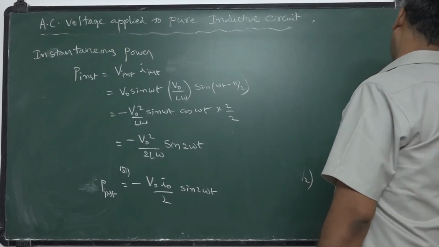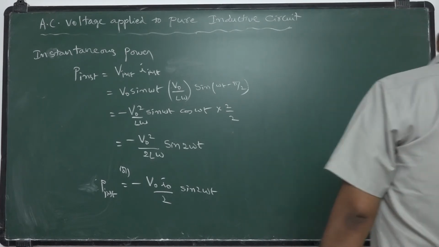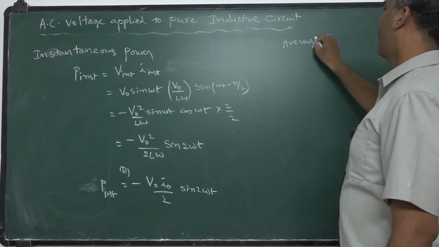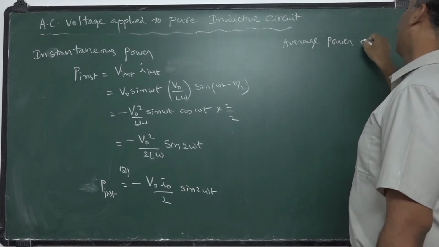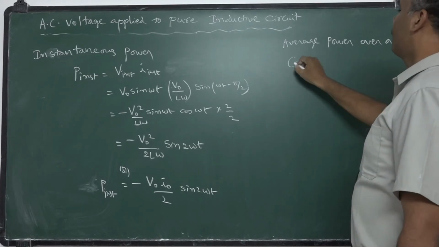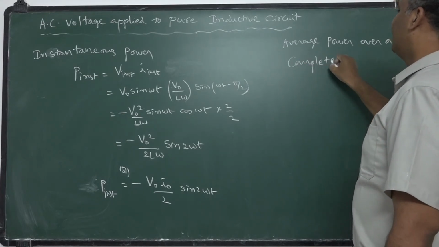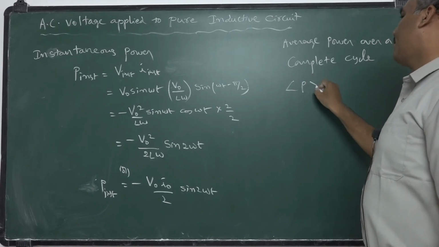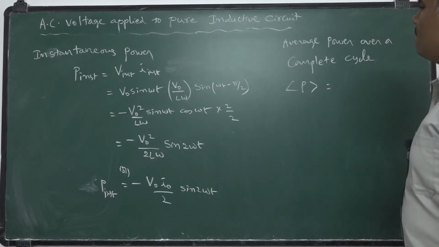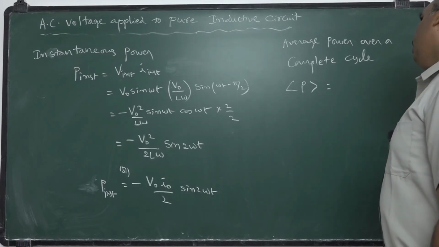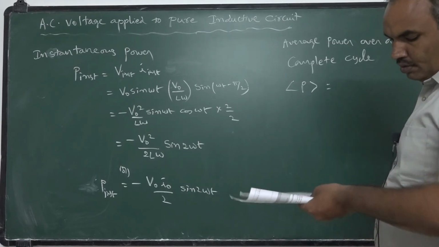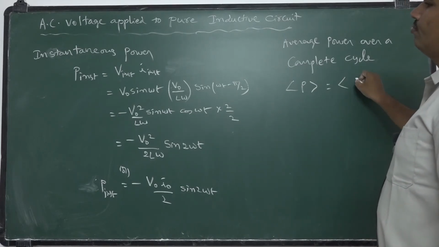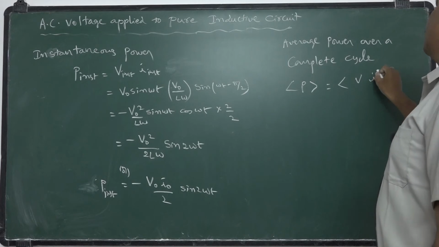Now let me calculate average power over a complete cycle. Average power is given by the average of voltage into current.